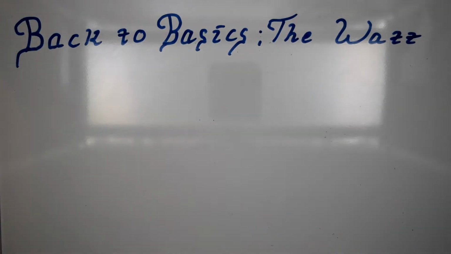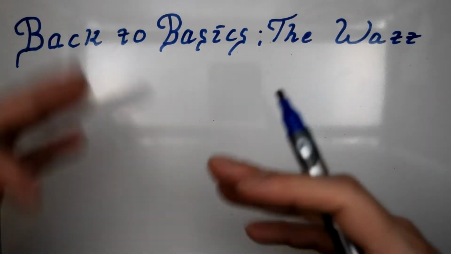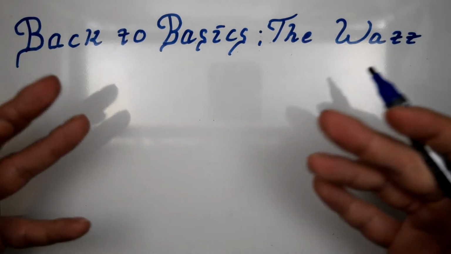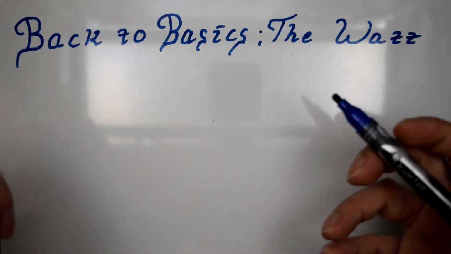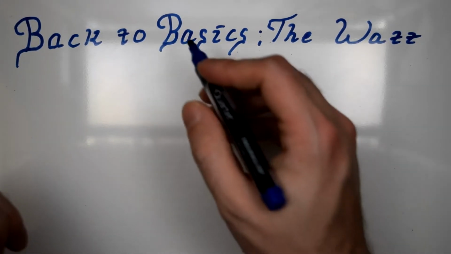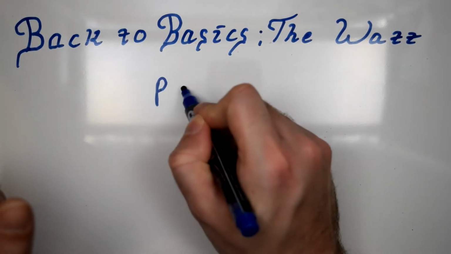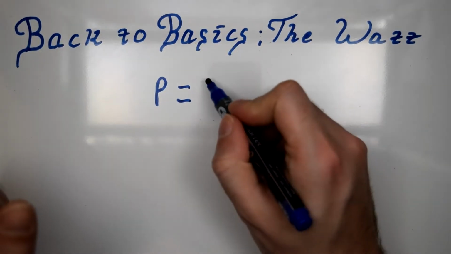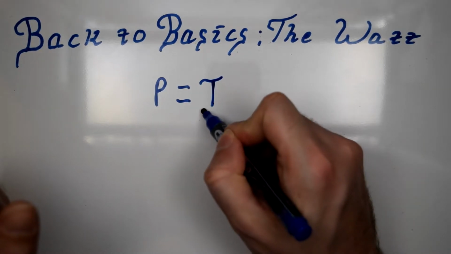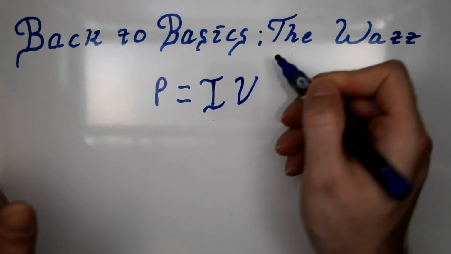Anyway, there are 2 additional conversions. We can use algebra and substitute in other variables for our formula, but I'll just skip the algebra and move right to the new equations. So our standard equation here is P equals IV.